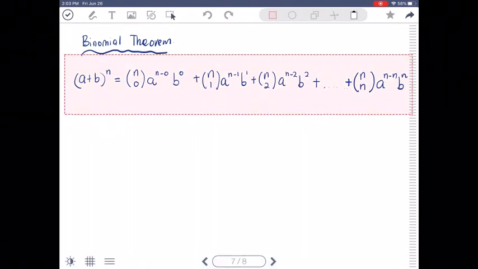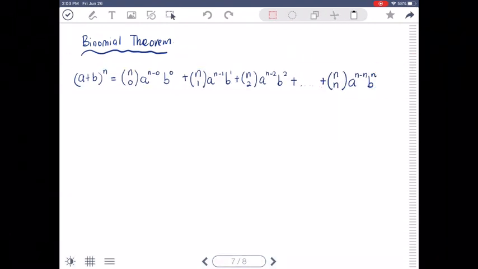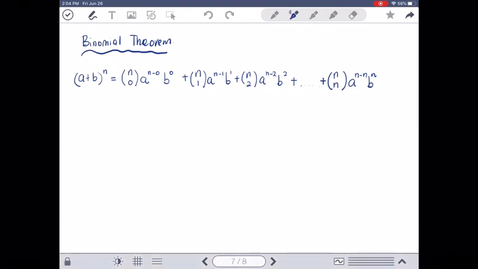Alright, if we have a look at the first term here, actually anything we have nC0 will always equal 1.